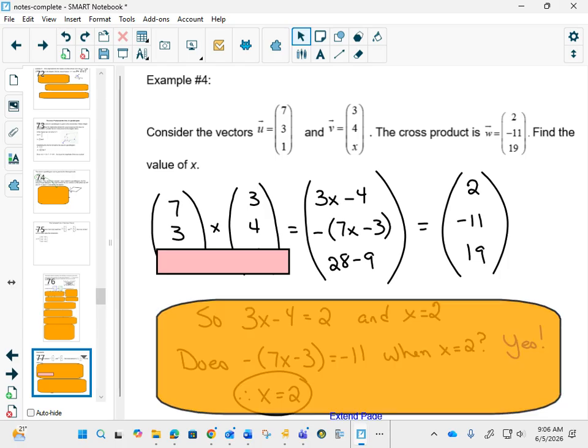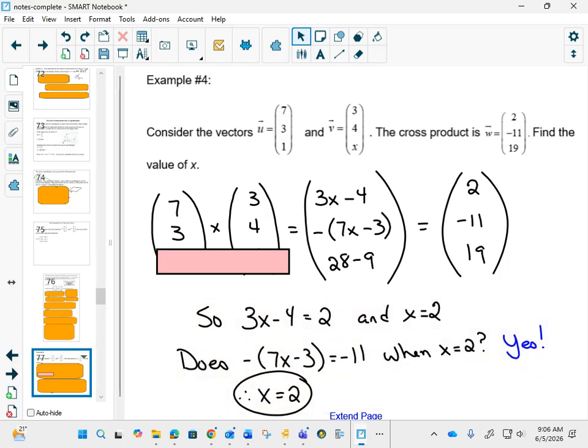And I could use either the first one or the second one to figure out what x is. The 3x minus 4 has to equal 2. That works when x is 2. I double check. Does that still work with the second one? Because it could have been a mistake. They say the cross product is, and it's actually not true. But in this case, x equals 2 works.